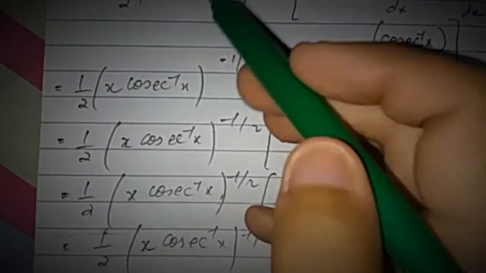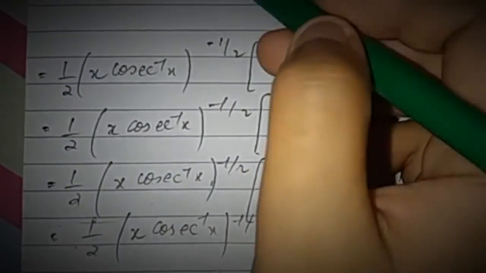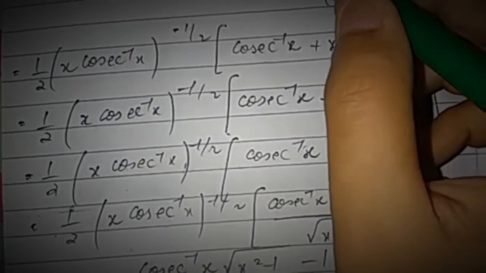In the next step, half into x cosec inverse x to the power half minus 1, which means minus half, and then here we have to apply the formula of u into v for x into cosec inverse x. We take u as x and v as cosec inverse x.